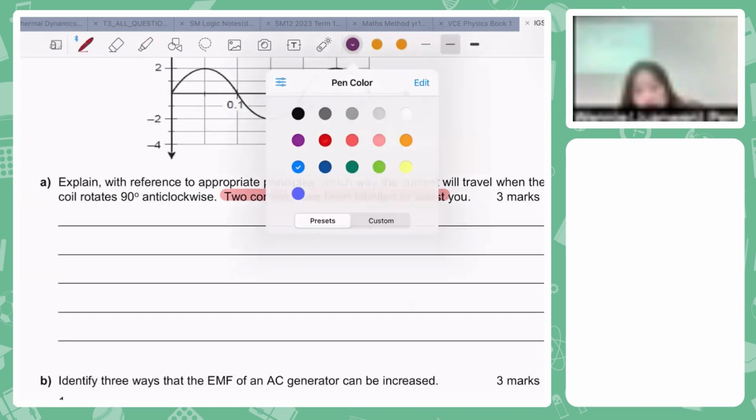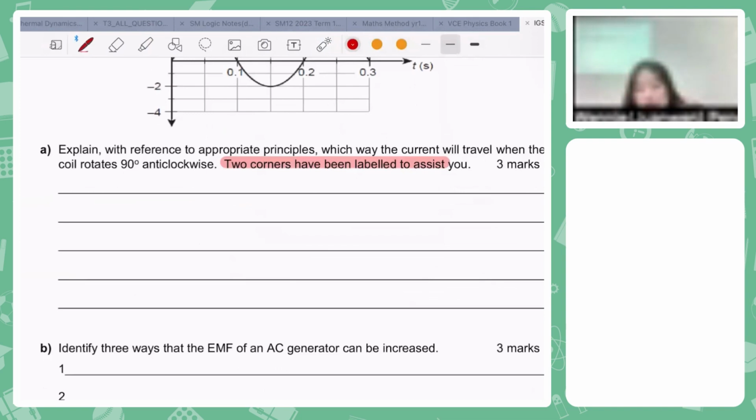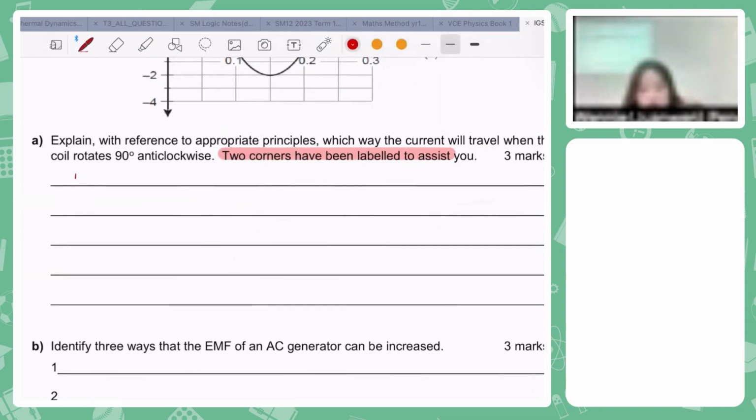Exactly, you would say as the coil rotates anti-clockwise, you want to tell them what has happened. The flux from right to left is increasing, right? They do have more flux from left to right. So if the flux from right to left is increasing, you would then say, according to Lenz's law, I need to produce a current.